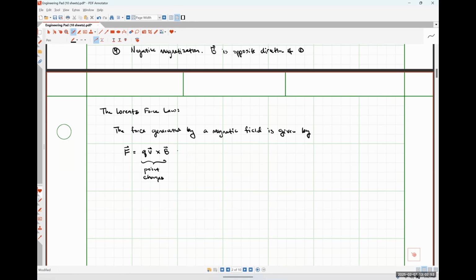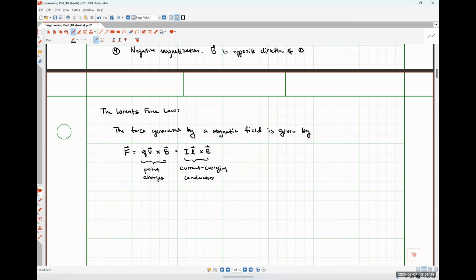And this could be rewritten as I times L crossed into B for current carrying conductors, which is what we're more interested in. So essentially, Q times V, so that is charge times the speed at which the charge is moving, is the same thing as current times the distance over which the charge is moving, okay?